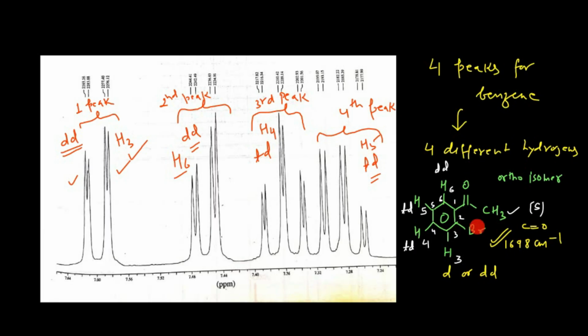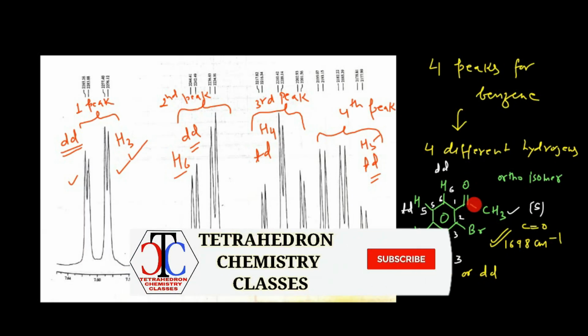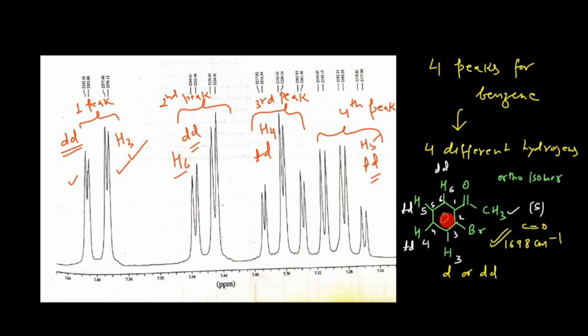This bromine will create steric repulsion to this carbonyl group, and due to this steric repulsion, this carbonyl group will no longer remain in the plane of the benzene ring. So the very smooth resonance overlap would not be there for this carbonyl to this benzene ring, because it is out of the plane. Due to the steric repulsion, this carbonyl group will be pushed outside of the plane of the benzene ring, and there is no very smooth overlap.